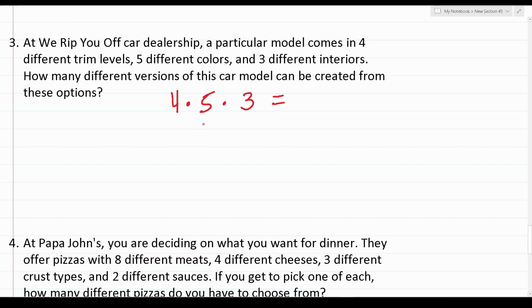So in total, there are going to be 4 times 5 times 3 different versions of this car model. 4 times 5 is 20. This is 20 times 3. 20 times 3 is 60. So given 4 different trim levels, 5 different colors, and 3 different interiors, you can make 60 different versions of this model of car.